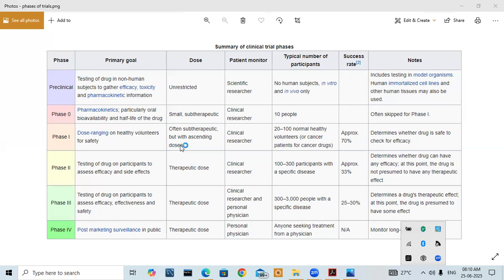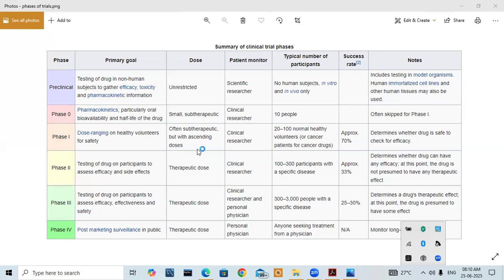If you give more than 1000 milligram, it is dangerous. Paracetamol will cause liver damage. That's why how much maximum dose can be given is something we find through phase 1.